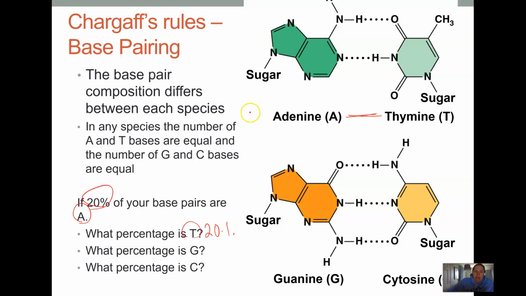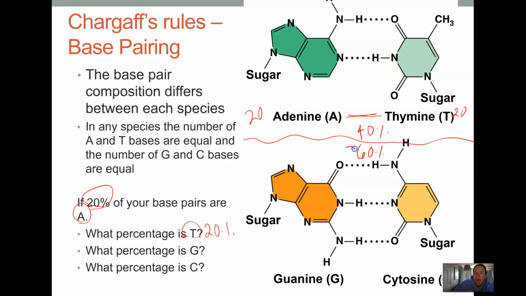Well, we know that if 20% is adenine and 20% is thymine, then roughly 40% is going to be due to A's and T's, and therefore 60% has to be due to our guanine and cytosine.